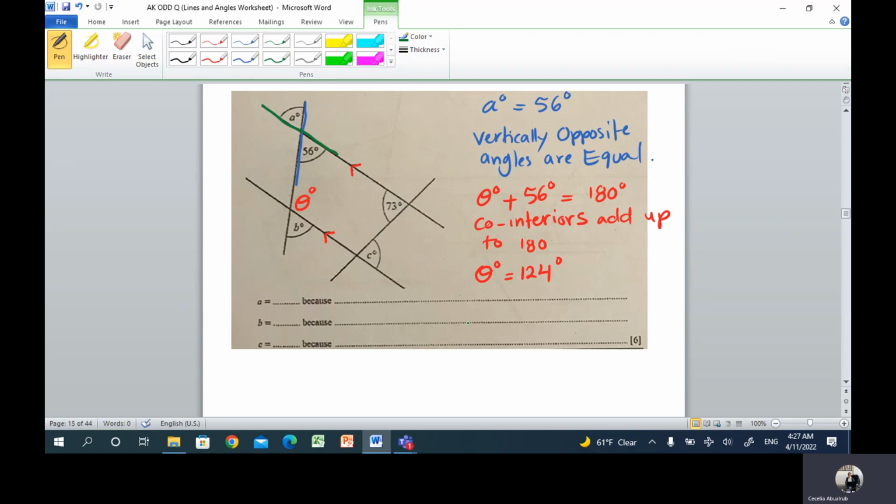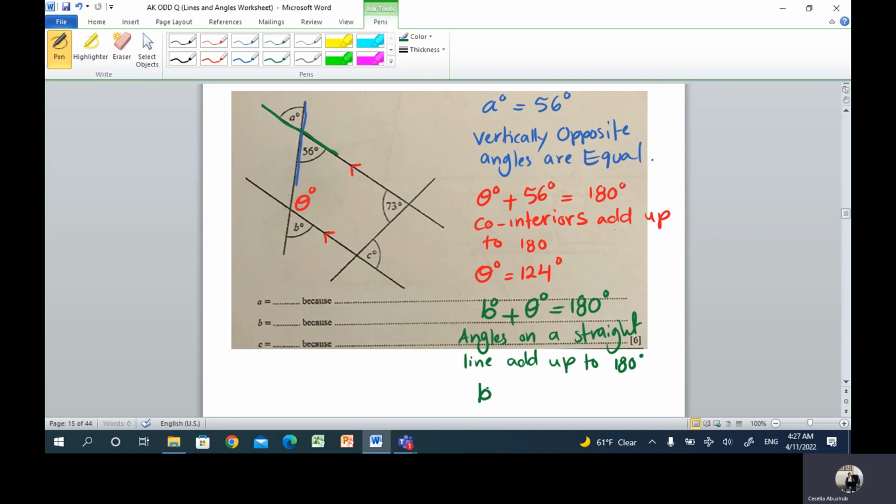And B and theta, they are angles on a straight line, so they add up to 180. So let's start with the unknown. B plus theta is equal to 180. And why is that? Because angles on a straight line add up to 180 degrees.